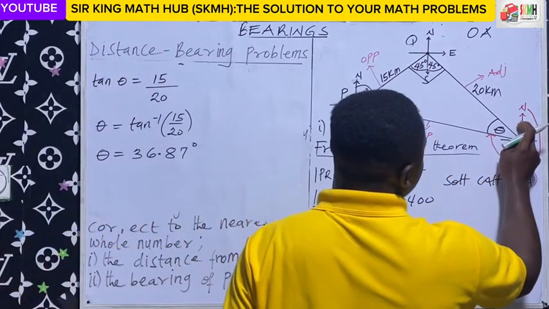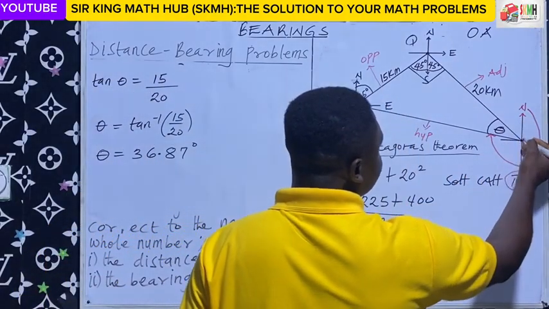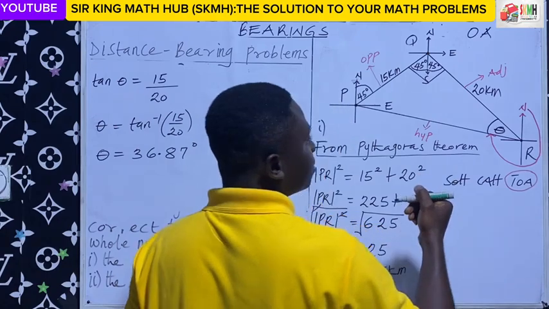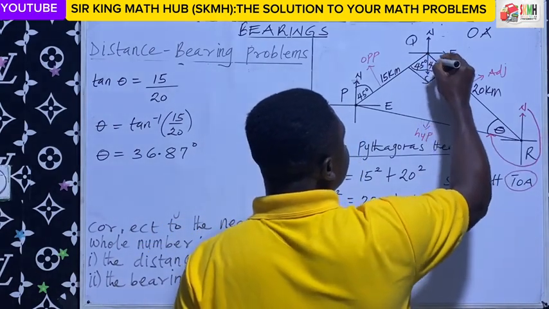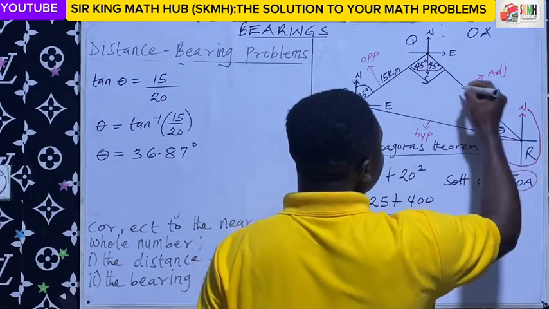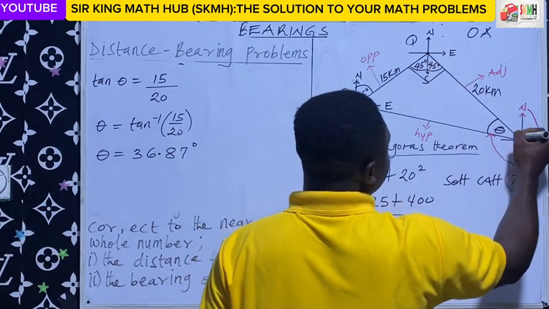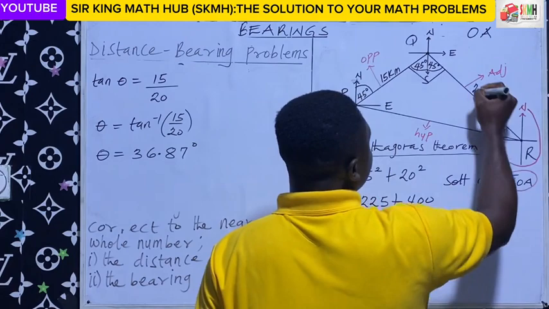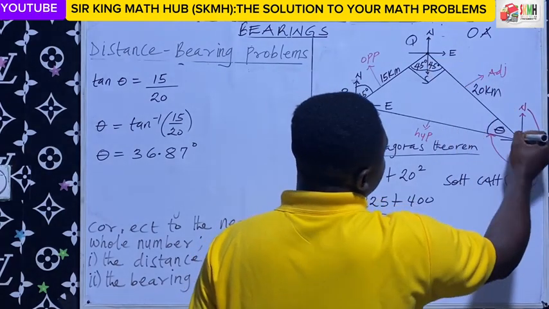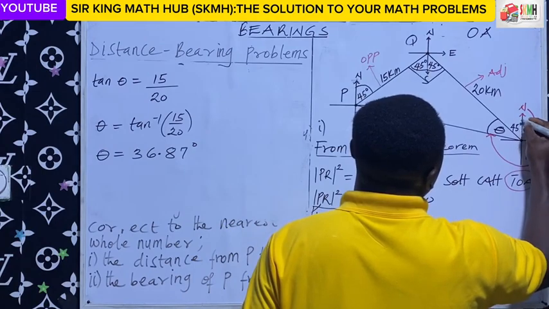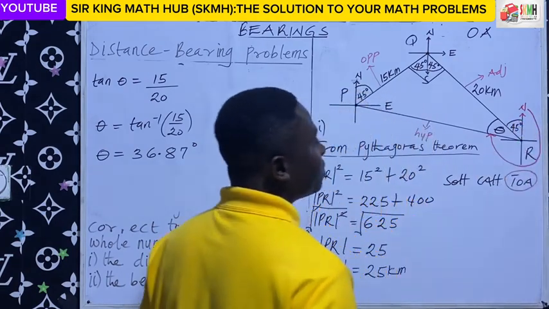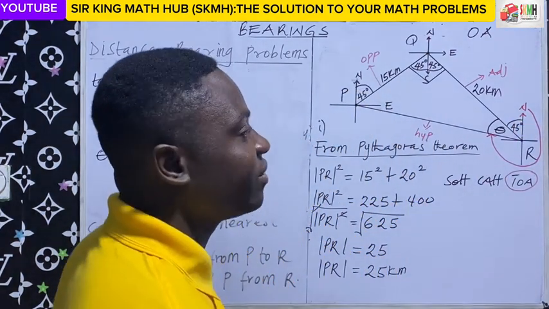Now let's look at something. What is the measure of this angle here? We are focusing on this quadrant. What is the measure of this angle here? So if this angle measures 45 degrees, we are seeing alternating angles, and we know that alternating angles are equal. So this angle here also measures 45 degrees.